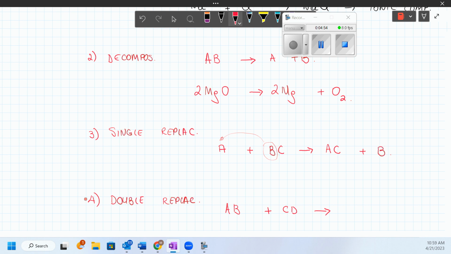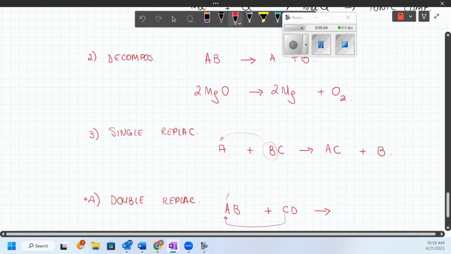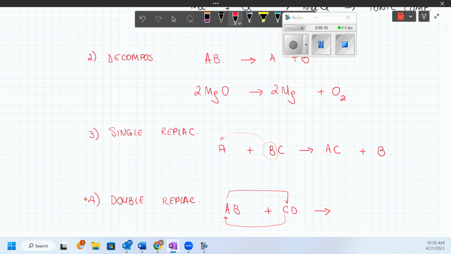One metal is going to where the second metal was, and the second metal is going where the first metal is. So A is replaced by C, and C is replaced by A, forming two new compounds that are CB and AD.